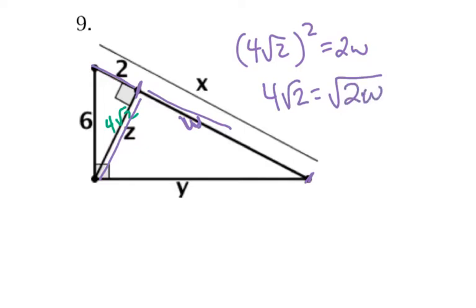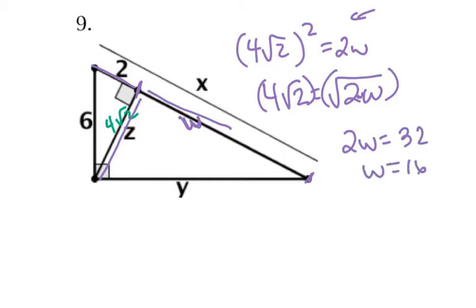And I'm starting to think that on a previous problem I had said plus, and that's not right. It should be multiply. So anyway, we're going to square both sides. Puts us right back to where we were, right up there. So I'm going to have 2w is equal to 32, and so w is equal to 16. And so if I say that this piece right here is 16, that would make x equal to 18.